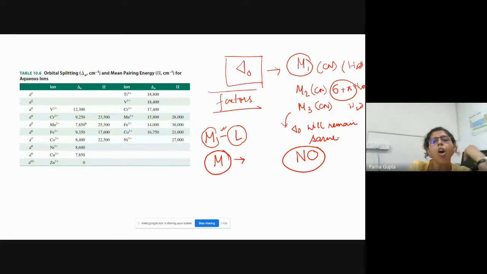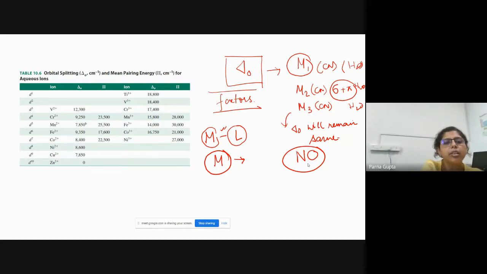Now how could people understand this? This is from another book, and the things are written a little differently. So let us give importance to the value of del 0 in the case where the metal is varying and the ligand is changing.